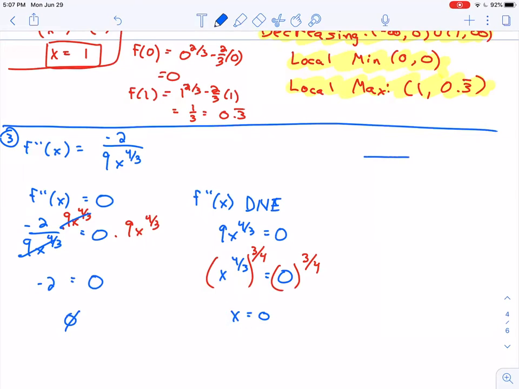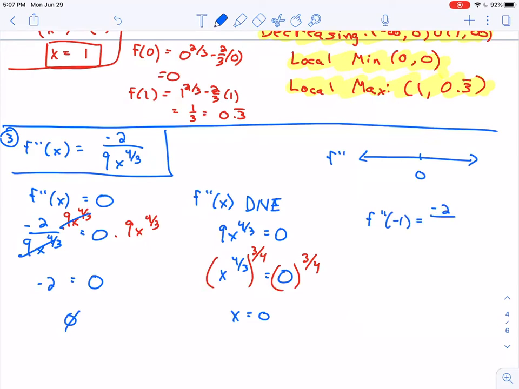So when it comes time to look at our second derivative, f double prime, we've got 0. And then now we need to test numbers on either side of 0 by plugging those into our second derivative. So how about we use -1, +1? That seems like the easiest way. F double prime of, how about -1?